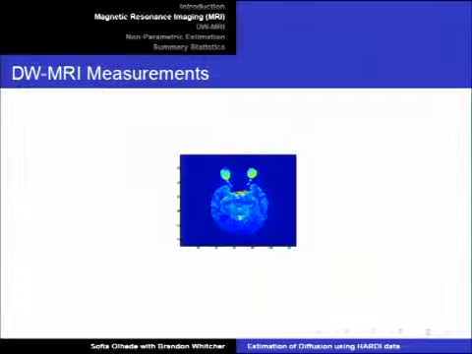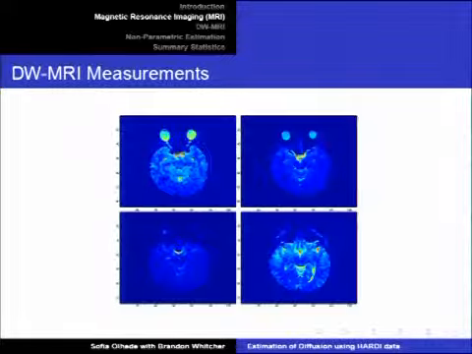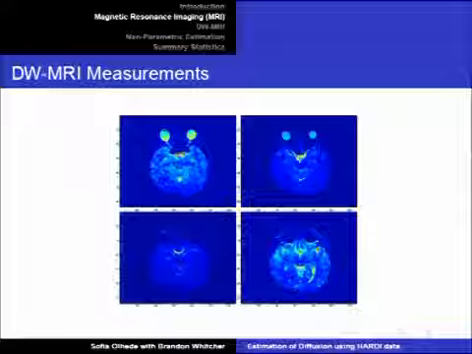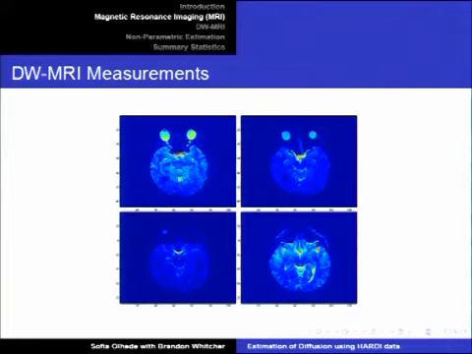Okay, so what does the data actually look like? I've got here just a few slices of typical acquisitions of the data at a given height across space. What you see here are direct measurements of the diffusion of water in a specified orientation.